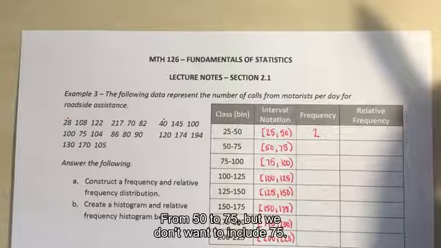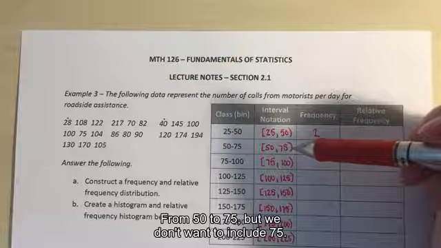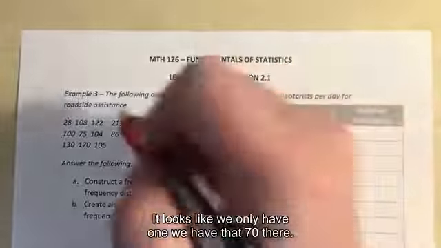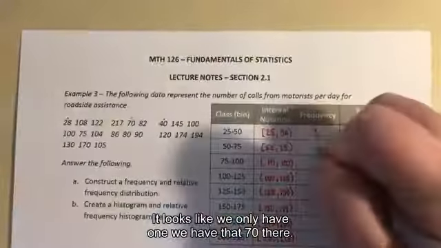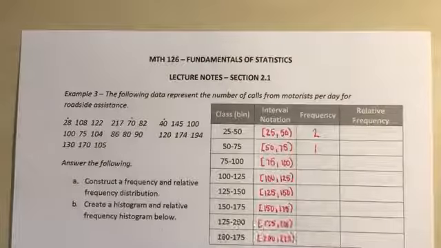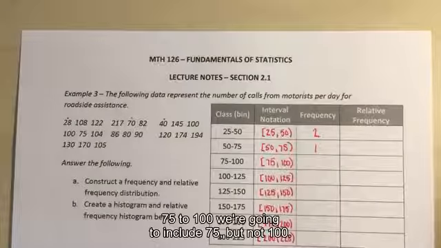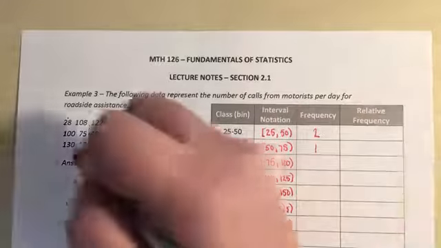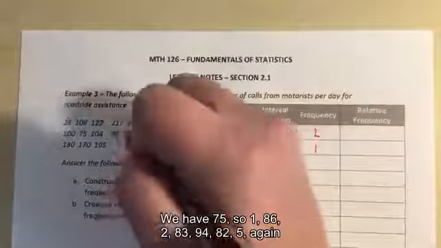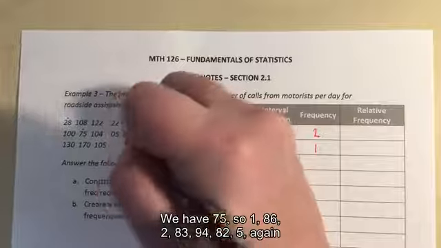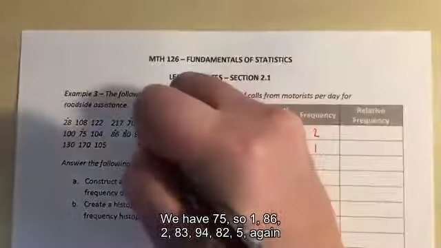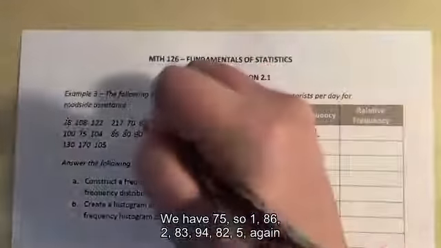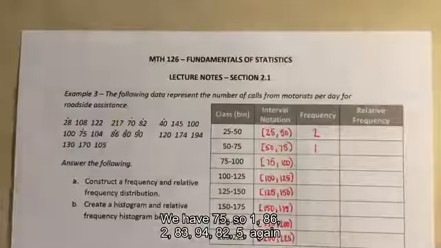From 50 to 75, but we don't want to include 75, it looks like we only have 1. We have that 70 there, so a frequency of 1. 75 to 100, we include 75 but not 100. We have 75, so 1, 86, 2, 80, 3, 90, 4, 82, 5.